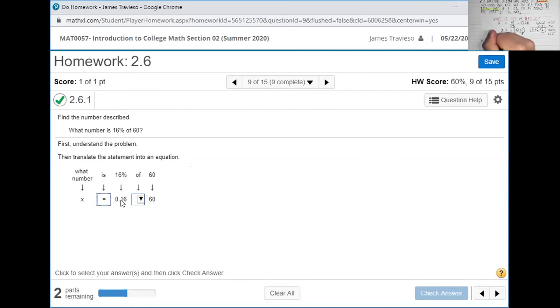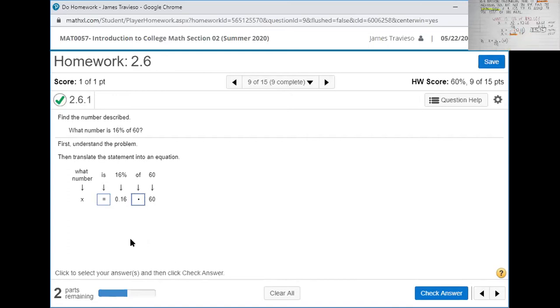The way I teach it is we first write that as 16 over 100, and then convert it to a decimal, but that's all right, they already have it as decimal form. The word "of" tells me I'm using the multiplication sign, and then the 60 they already bring down.